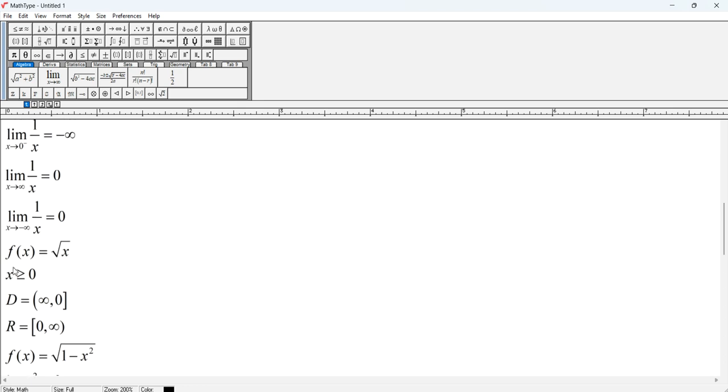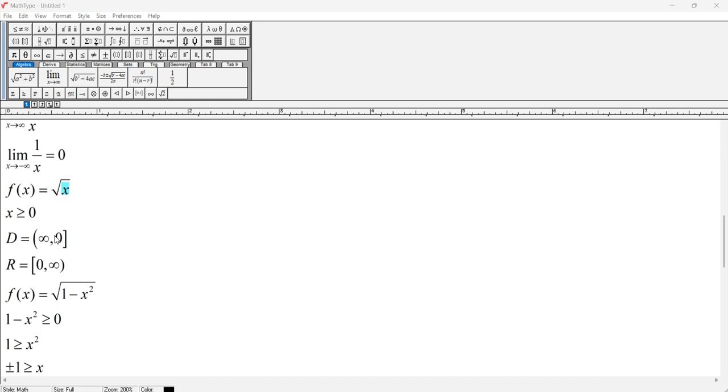For example, f of x equals square root of x. This function has x under the square root, so it should be larger than or equal to 0. So the domain is 0 to infinity. Any negative number is not allowed here.